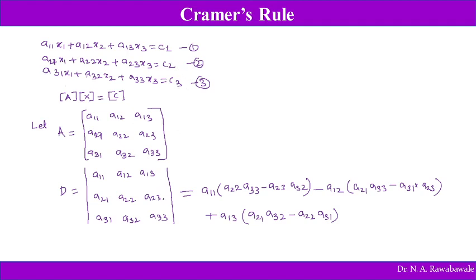So here we find three different determinants. The first is c1, a12, a13, c2, a22, a23, c3, a32, a33.